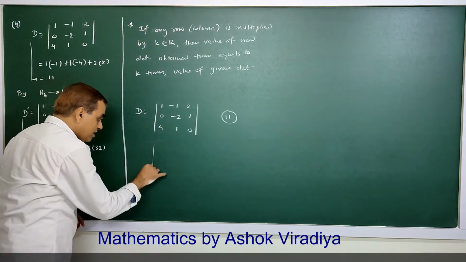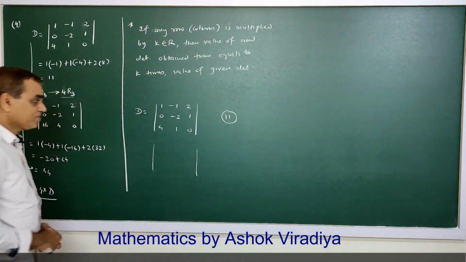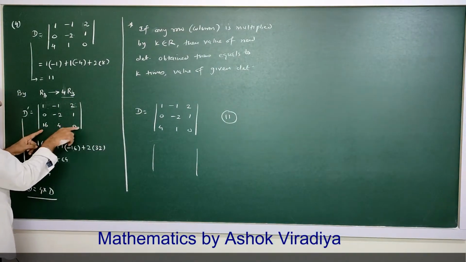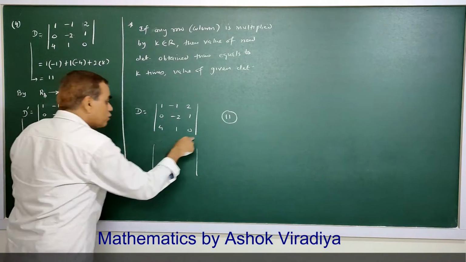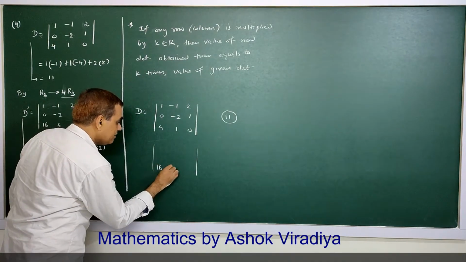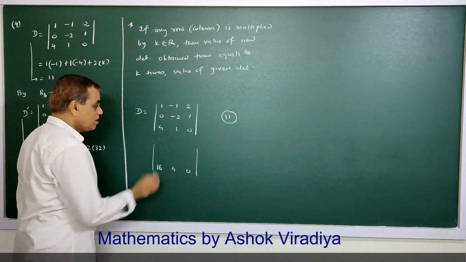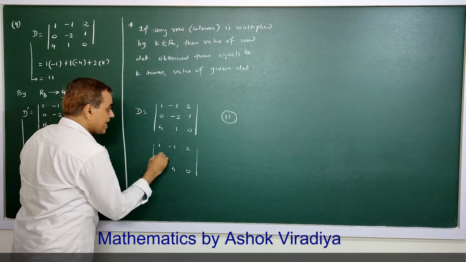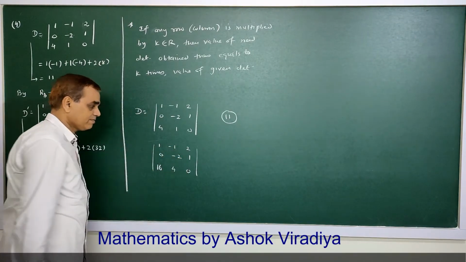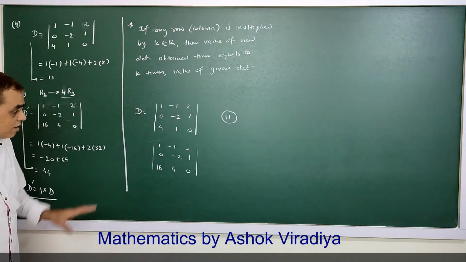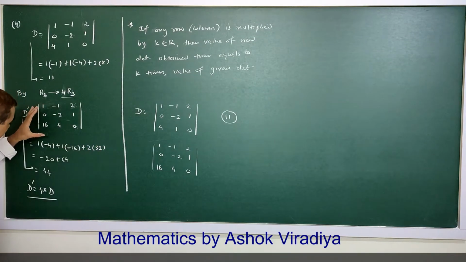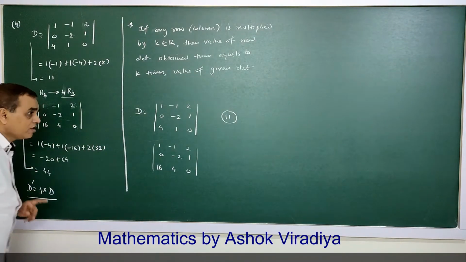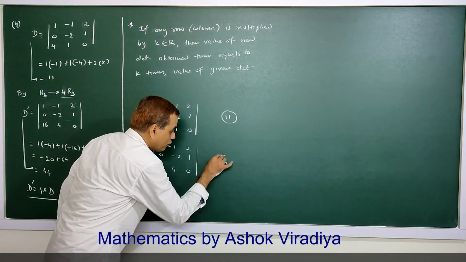Now in the next step, if I multiply the elements of the third row by 4, 16 4 0, first and second row as it is, then what happens? I have written 44. So this is 44.